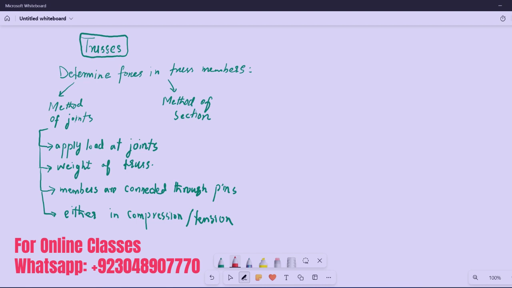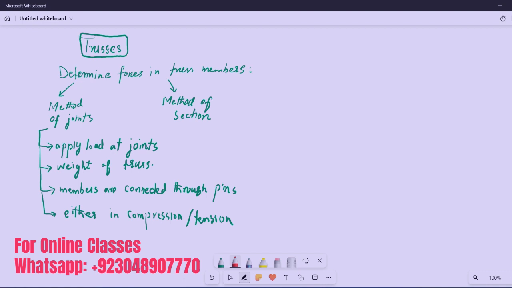Before analysis, you need to look at the dimensions and the geometry of the truss. And for that purpose, by using the method of joints, we will solve the trusses.